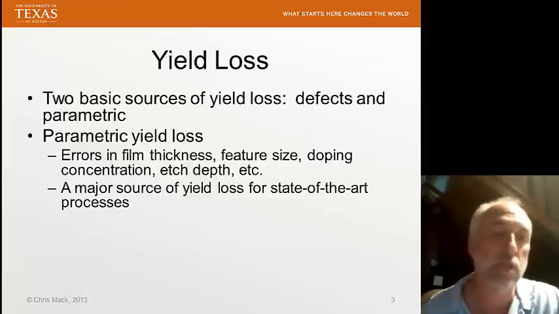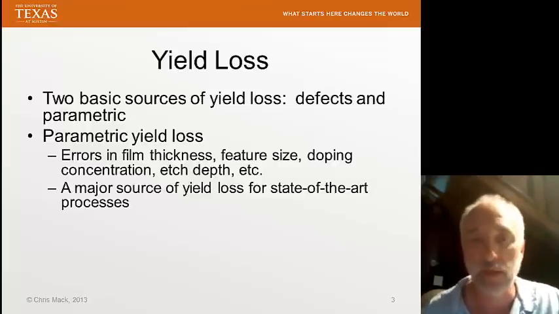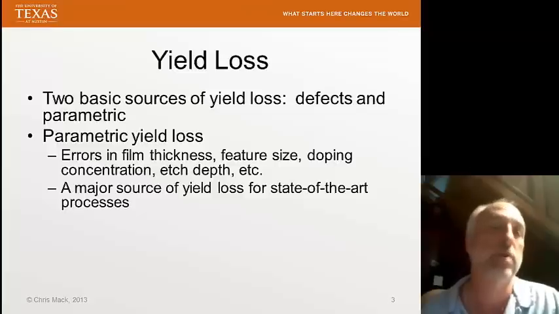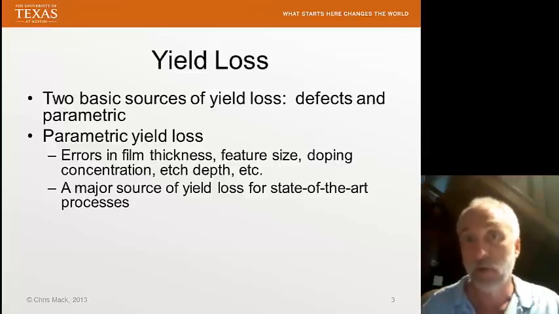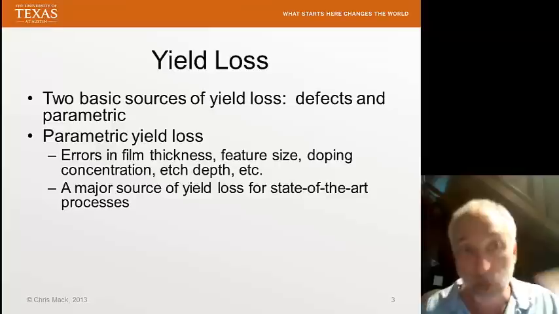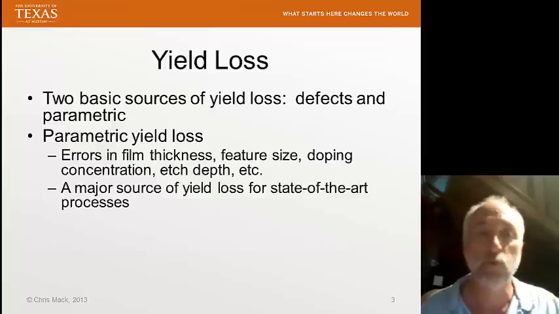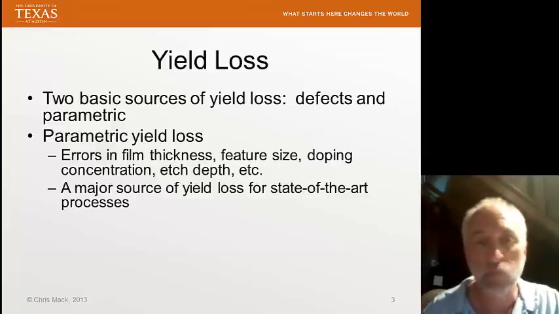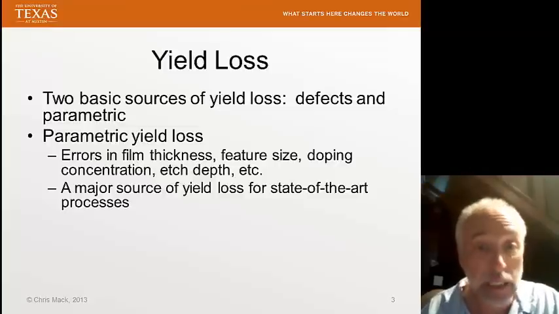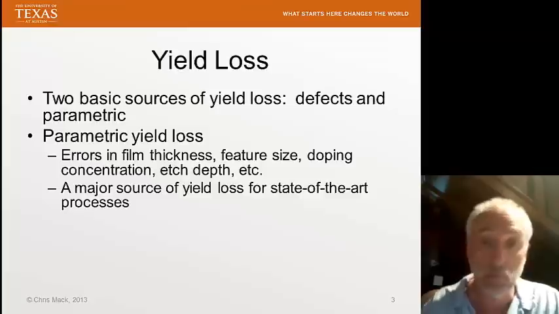Errors in the feature size of the pattern that we've created. Errors in doping concentration. Errors in etch depth. All the different process steps where we're trying to achieve a certain target. If the actual deviates from that target in too great a way, we call this a parametric error. And if those parametric errors are too big, then we could have a device that doesn't work.